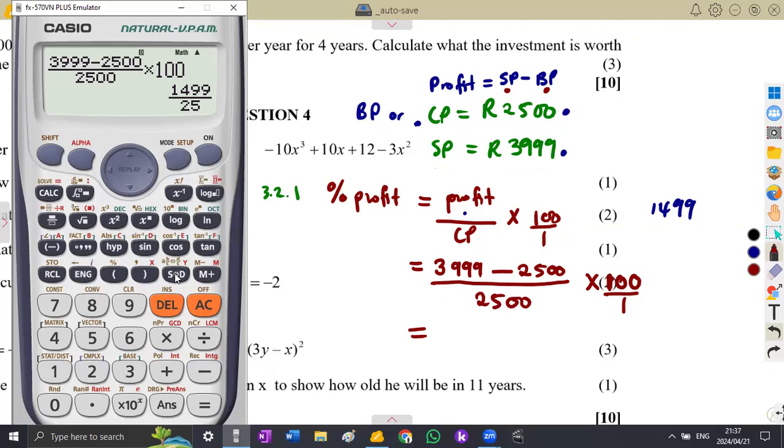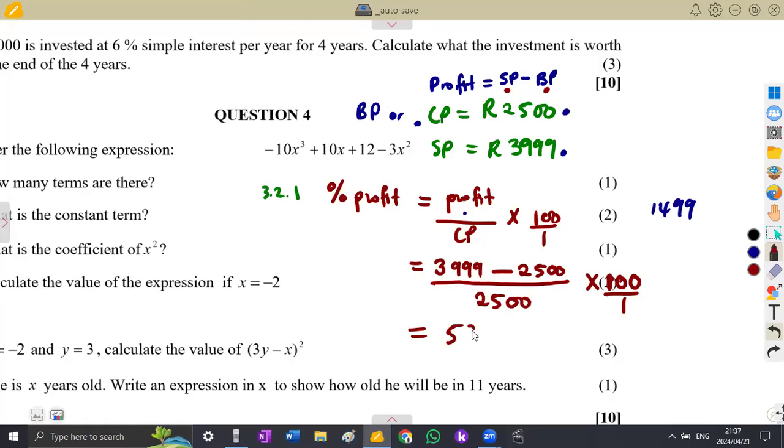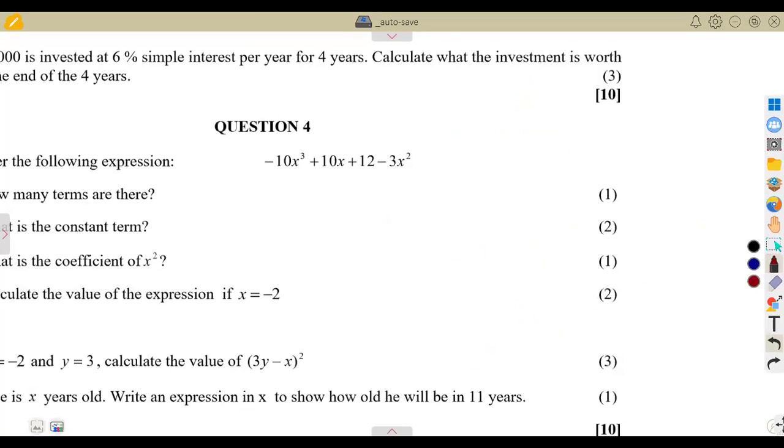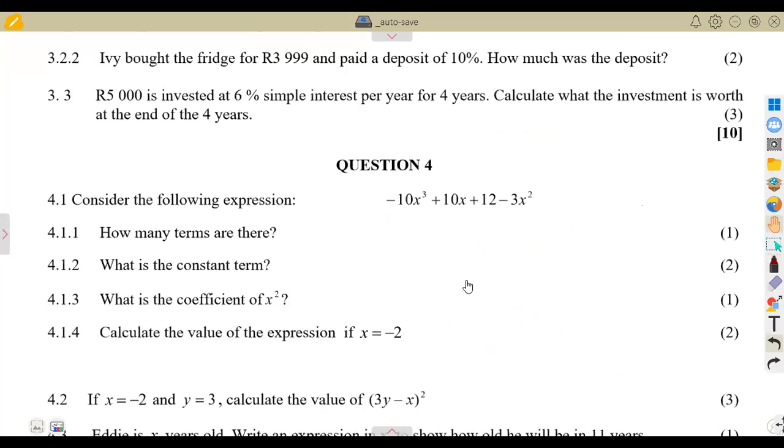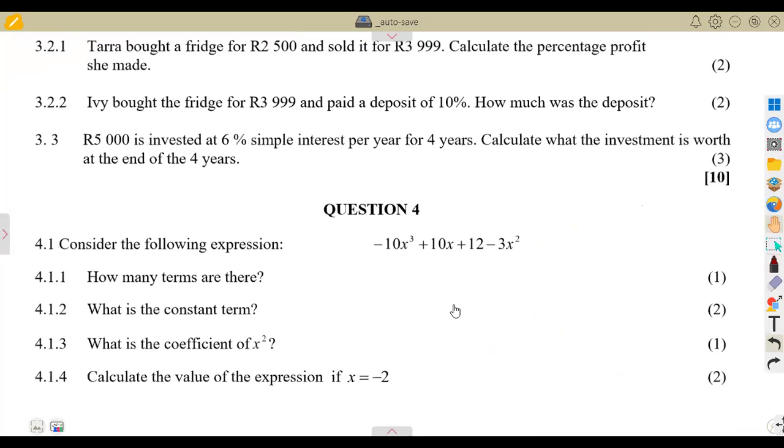You change it to decimal form, and this is going to be 59.96%. There we have the percentage profit. You must have the profit to have the percentage profit.